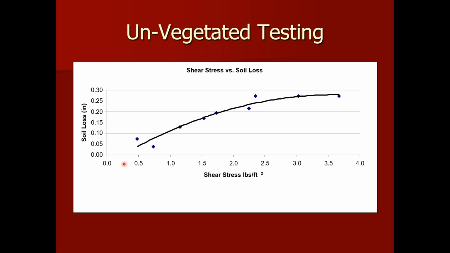The value in industry standard right now is a half an inch of soil loss, with the thought being once you get a half an inch of soil loss in an unvegetated condition, you no longer have a viable seedbed. So anything up until that half inch, your material's just sort of resorting and moving around. But once you get past that half inch soil loss, you've lost the ability for vegetation to then establish through the mat into the soil and provide long-term protection.